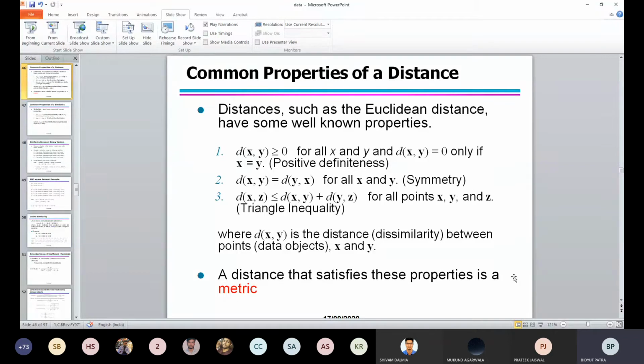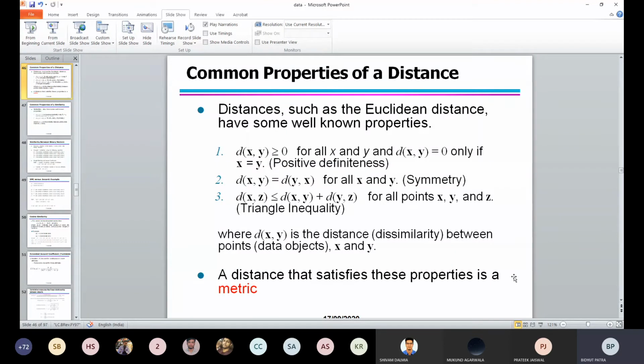This is something we studied earlier, maybe in class 7 or 8. We had a theorem that in a triangle, the sum of two sides is always greater than or equal to the length of the other side. This is called the triangle inequality.